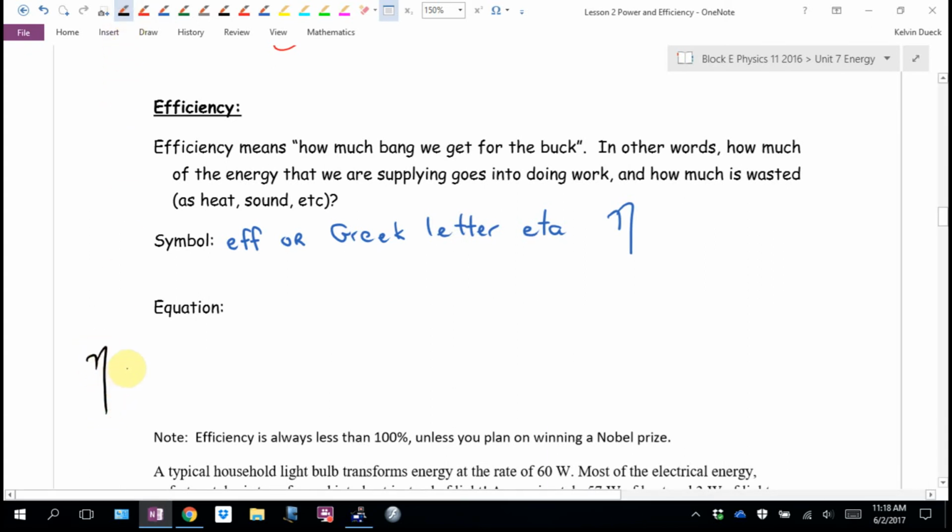What's the equation? How do we calculate efficiency? Well, it's power out divided by power in. Or work out divided by work in.